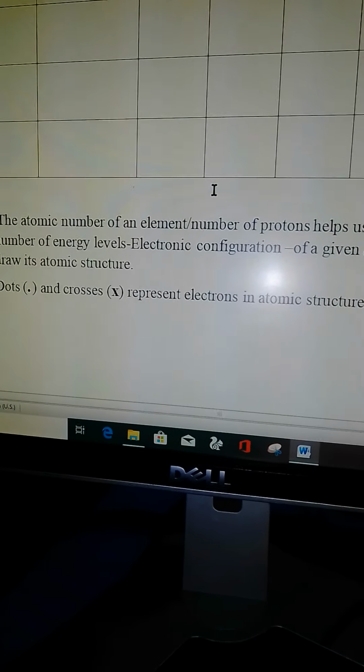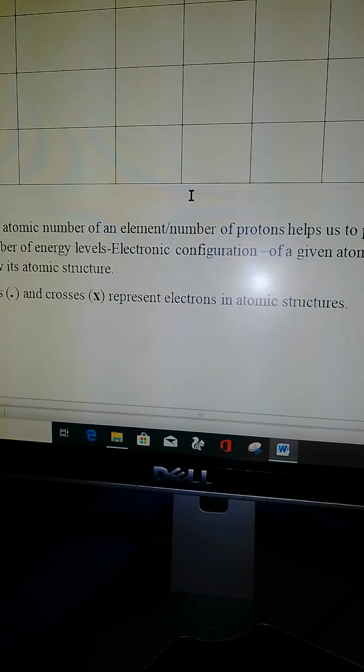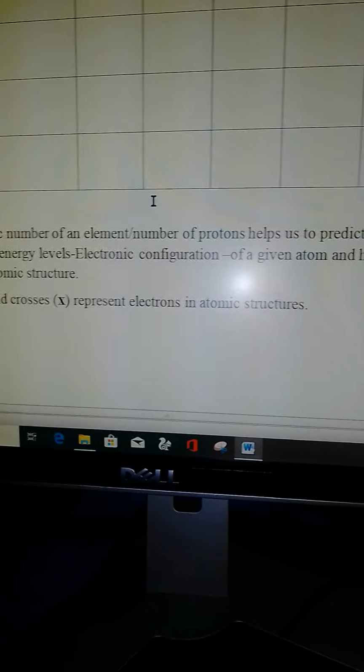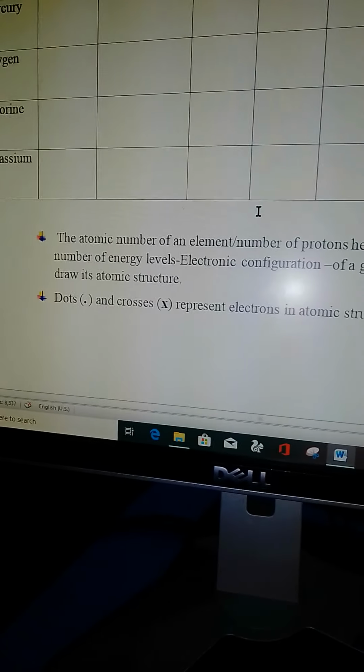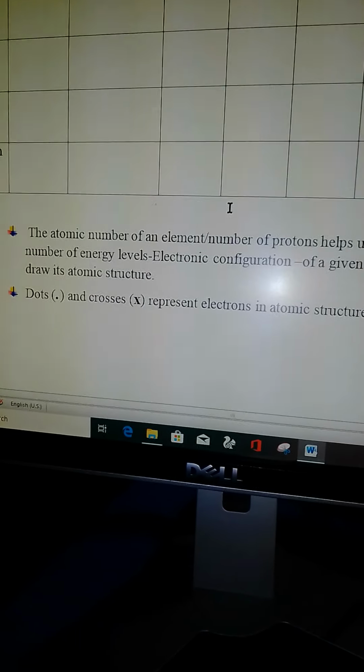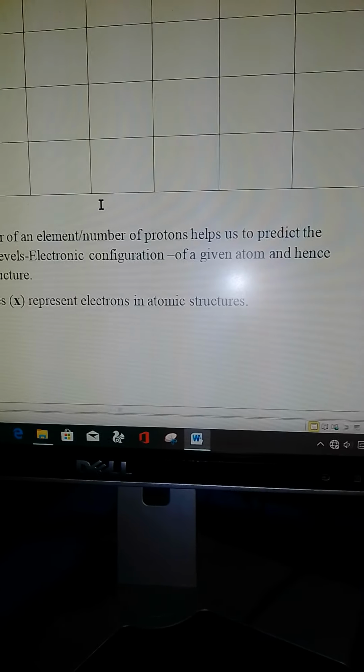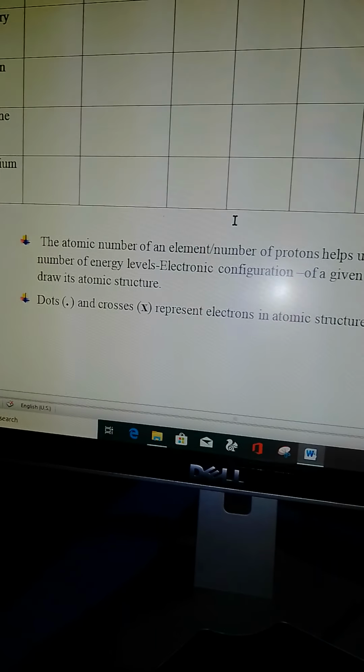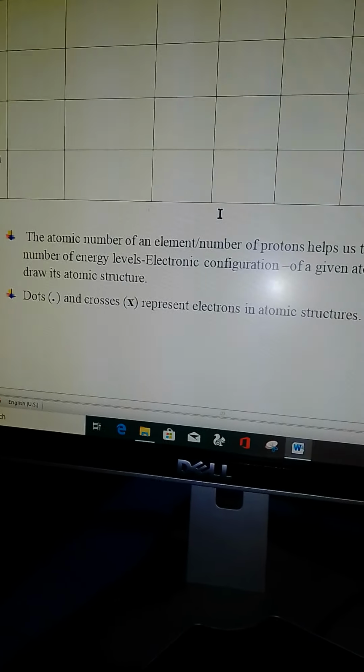The atomic number of an element is also the number of protons and helps us to predict the number of energy levels or electronic configuration of a given atom and hence draw its atomic structure.